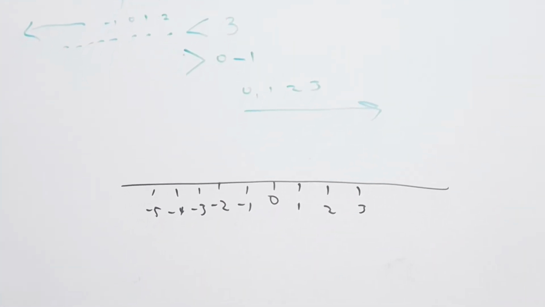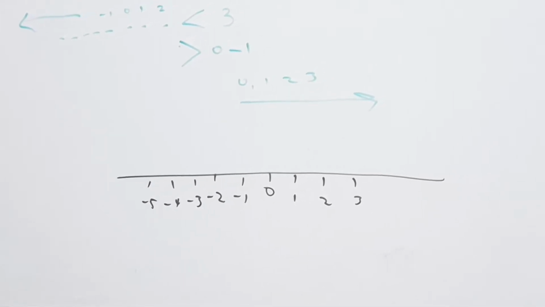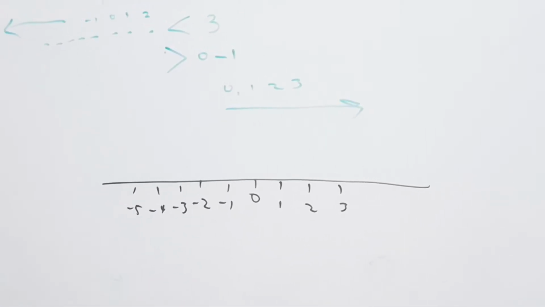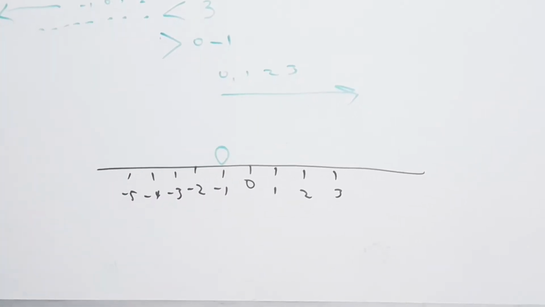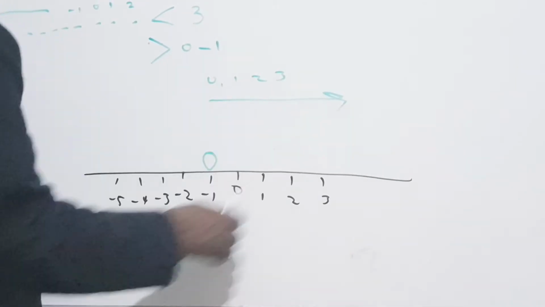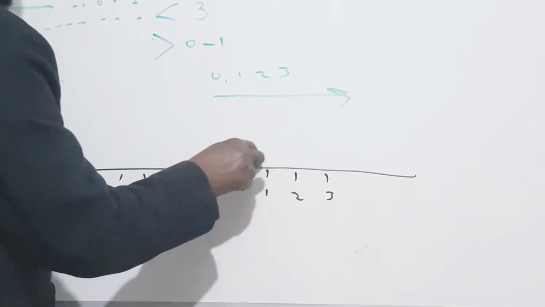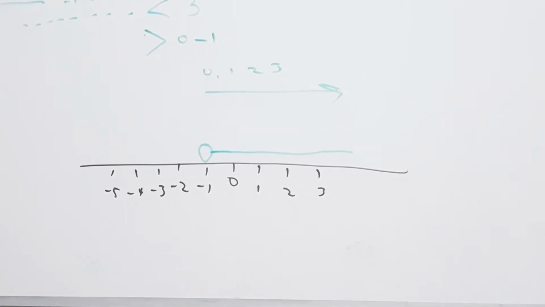Now, since it's a less than or greater than question, we identify our number. What number is it? Minus 1. If it is greater than minus 1, the numbers greater than minus 1 are in that direction, isn't it? So we draw our line.